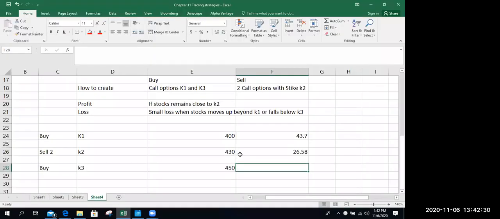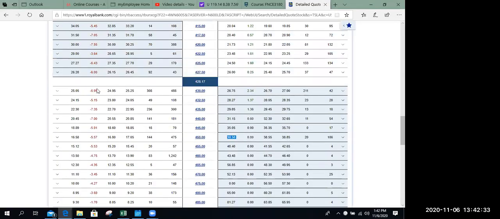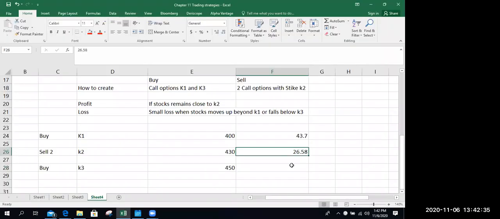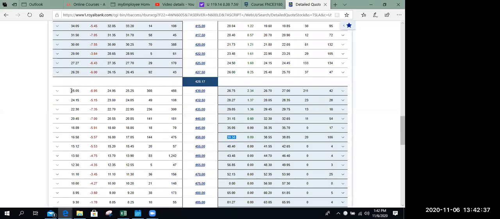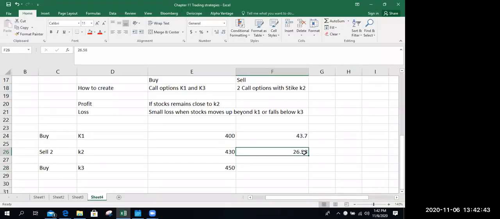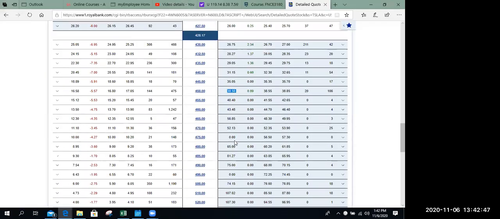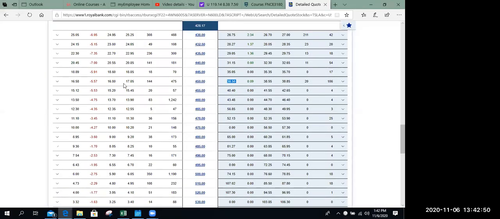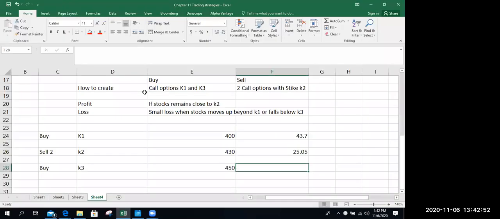Oh, this was 450, 430. We had to look at 430. Sorry. This was 26.58. No, what am I doing? 430, it was 25.05. And 450, it is 16.58.